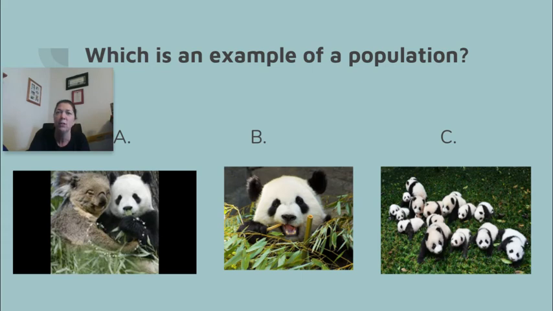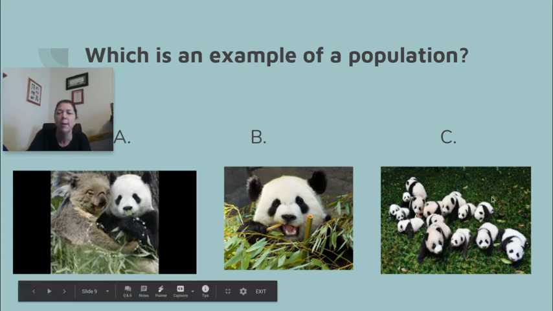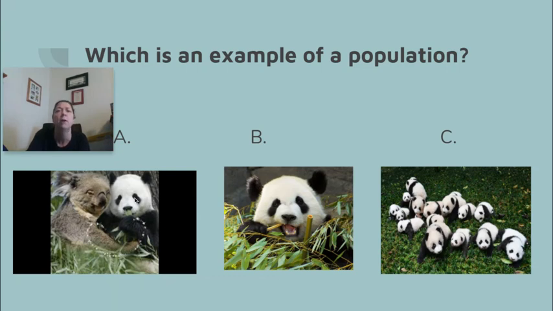The correct answer here would be C. All the panda bears make up a population because they're a group of the same species. Picture A has the koala bear, the panda bear, the tree, the bamboo. This would be more an example of a community because it's a group of biotic factors in the same area. B is simply an example of an individual or an organism because it's just one panda bear.